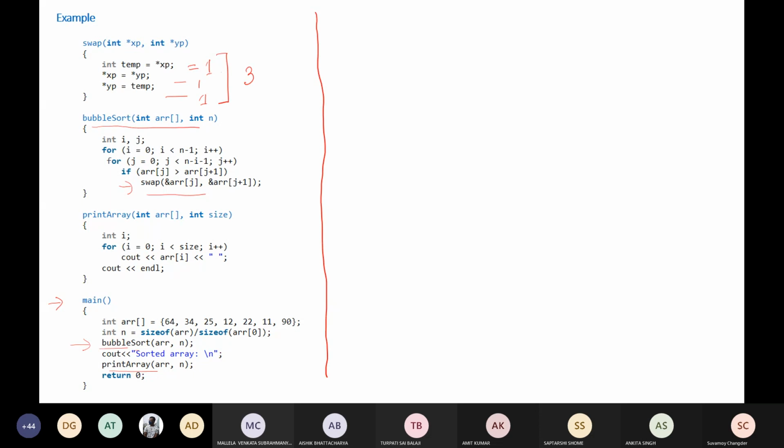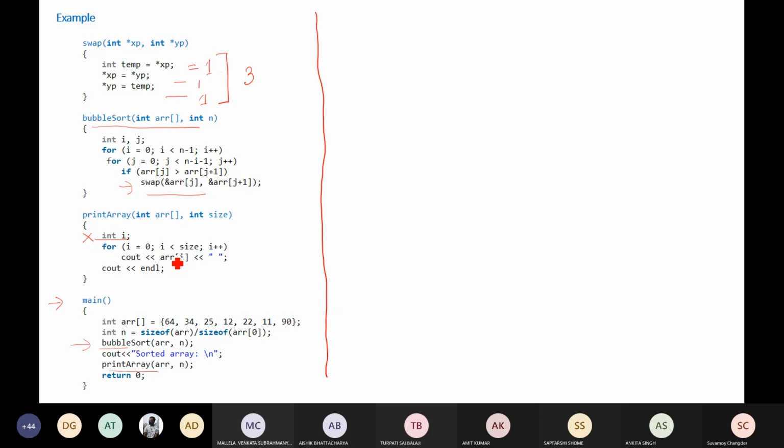Next, there is another function print array which is not calling any other function. So here int I, we are not considering the declaration statement. Therefore, we don't have to go for finding the time complexity of any declaration statement. So forget about this.